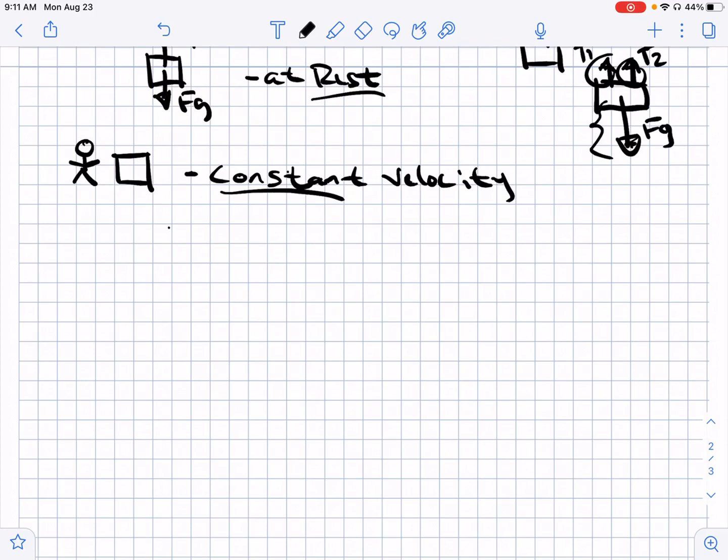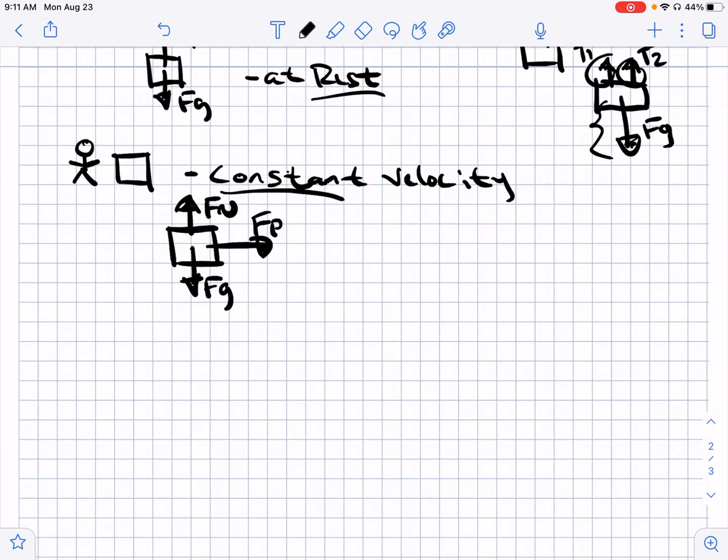So let's draw our box. We know that we're in a gravitational field, so you're always going to have Fg going straight down. Should be balanced. Okay, it's on the floor, so I'm going to have that normal force. And I'm pushing it down the hallway. So I have this push force here, or applied force.